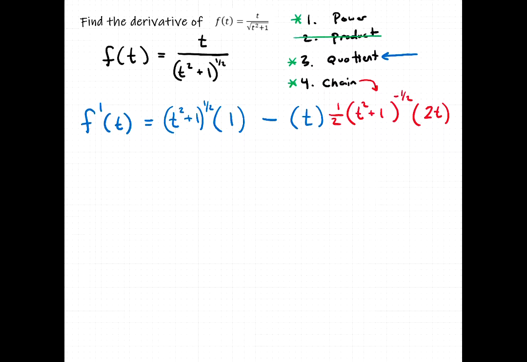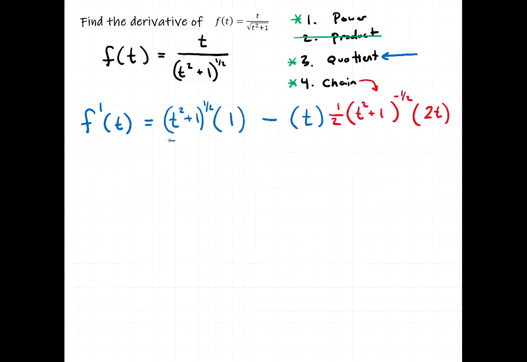All right, so let's see if we could do some simplifying here. The derivative of f of t, f prime of t. We have a t squared plus 1 to the 1/2 power. Oh, sorry, we forgot the denominator.